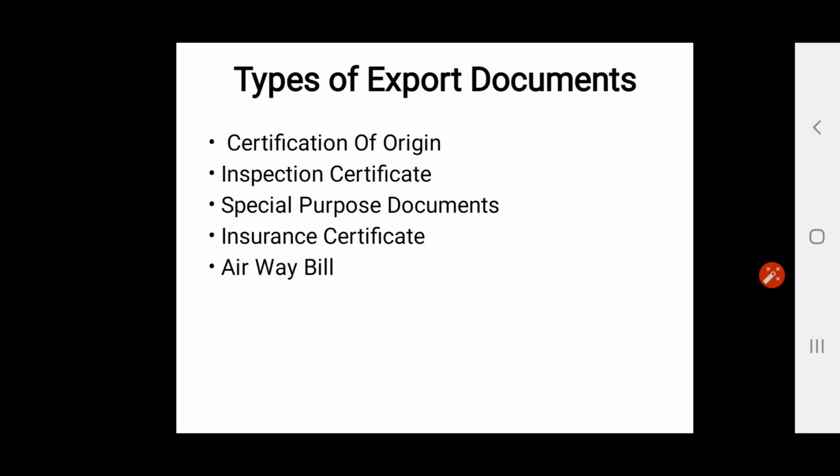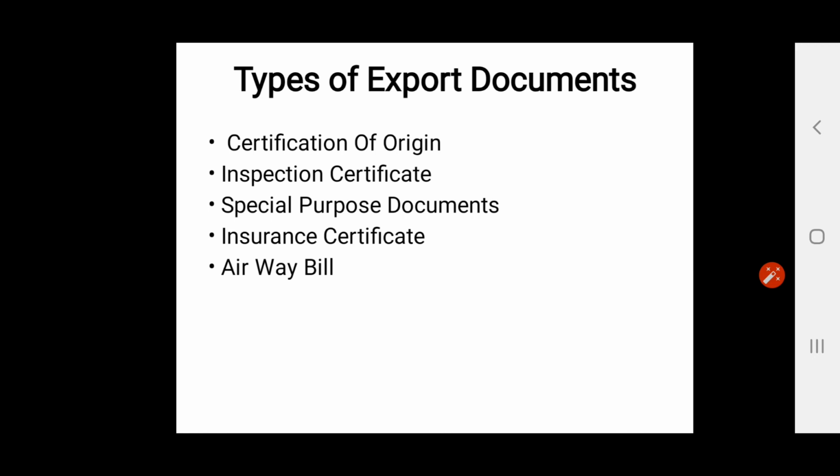Some special purpose documents will also be there, like the certificate of weight of the commodities, certificate of measurements of the merchandise, and even a certificate of analysis to ensure the quality of the merchandise. Such special purpose documents are also necessary when we export to some countries.